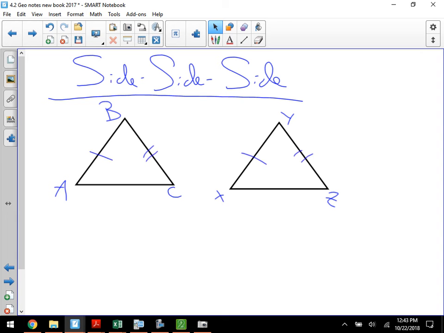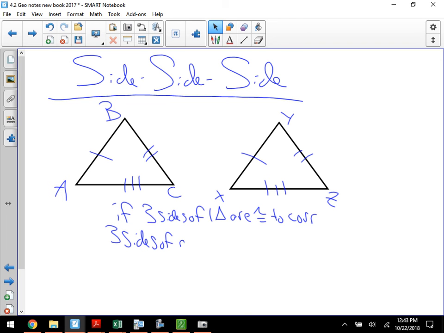I'll show you. I'm just writing down what it means. If 3 sides of one triangle are congruent to the corresponding 3 sides of another, the triangles are congruent.